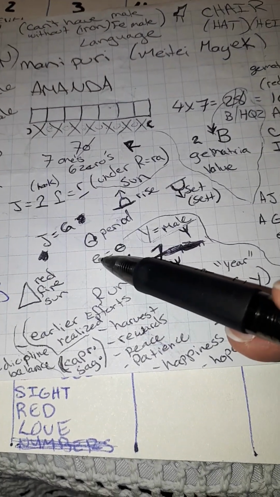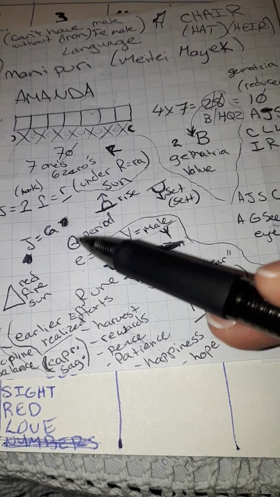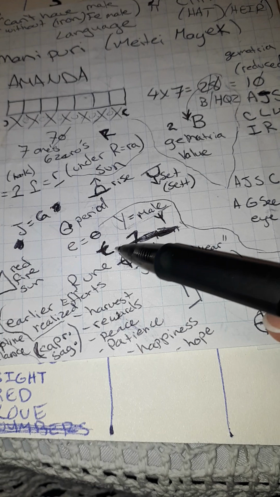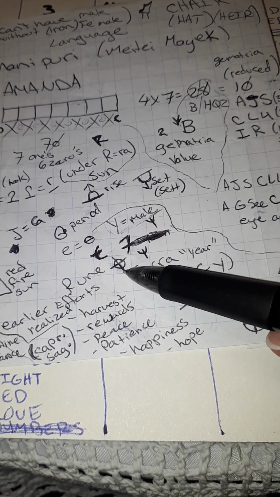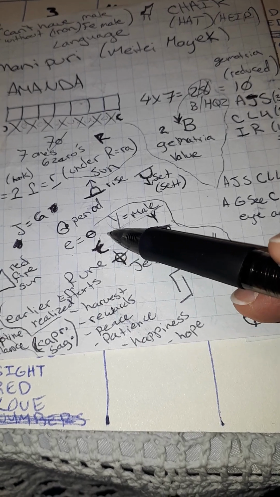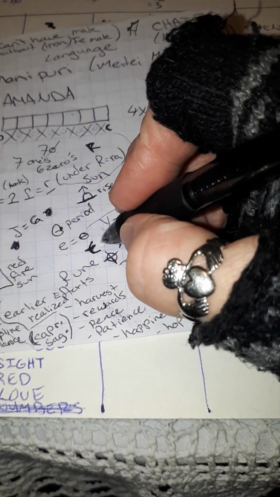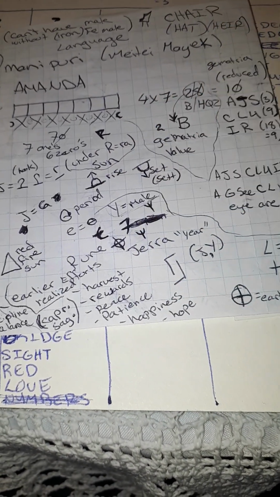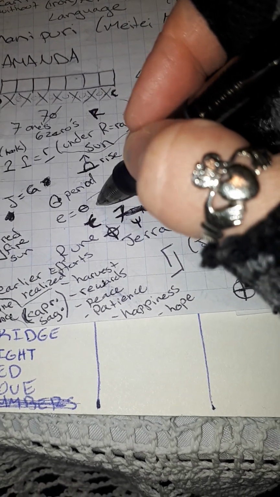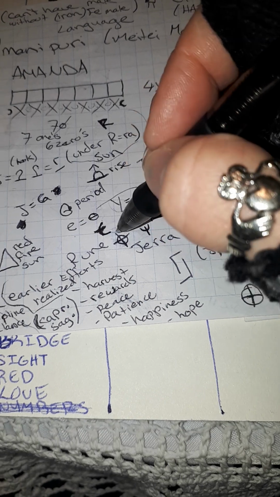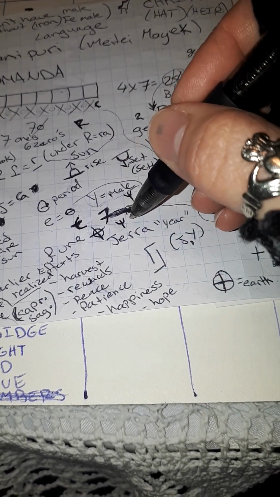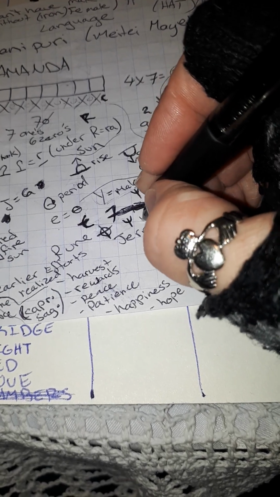So I was looking at E, and if you rotate that all the way around, it's also negative. And then you know how a T is regular, just like a cross for a small letter T? Well, they have another way of doing T, which looks like this, almost like a trident.